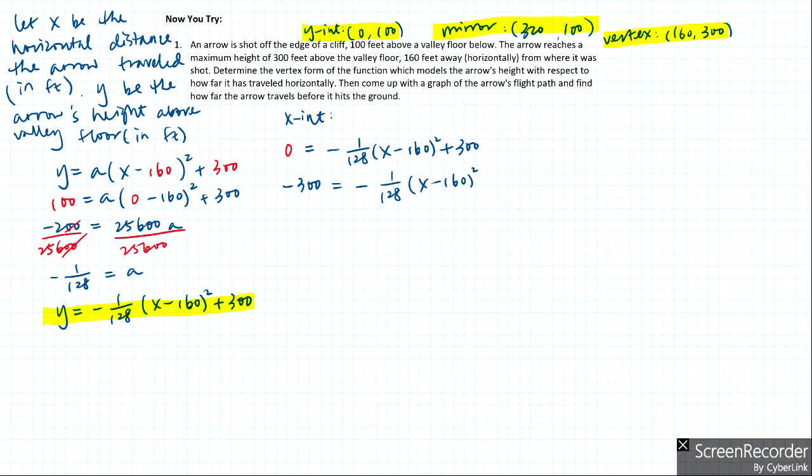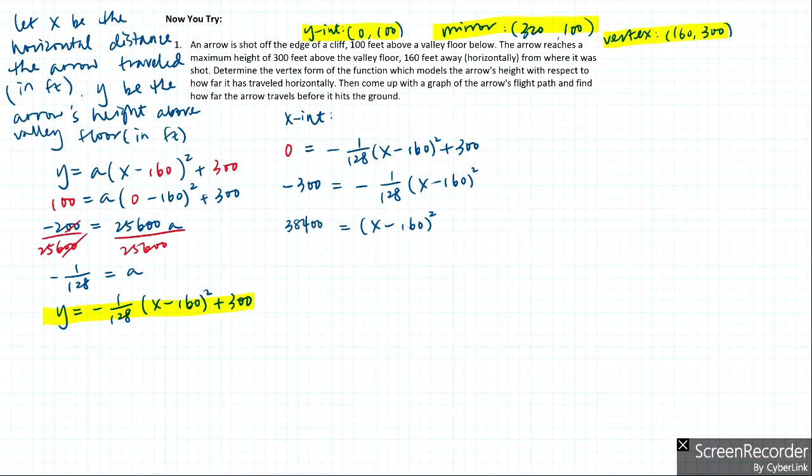To isolate the perfect square, multiply by negative 128 on both sides. That would give us a positive 38,400 on the left-hand side, equal to (x minus 160) squared. Sorry, not 37,600, but 38,400.